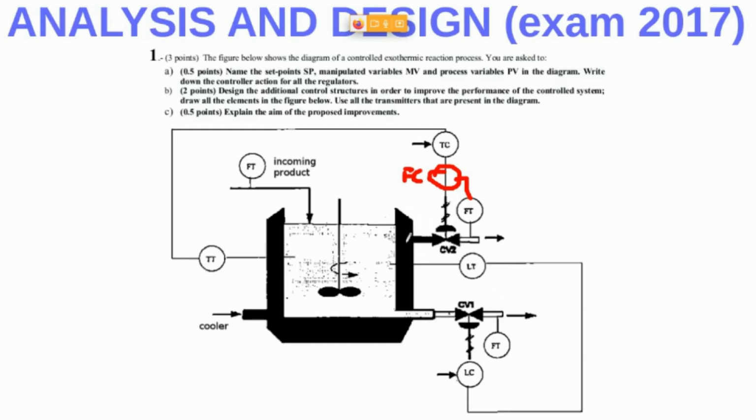Here we have the jacket, the cooling jacket. Can you see here? The cooler enters in here and then it goes out this way. Here comes in the product, right? Here the reaction is produced and then the product flows out from the tank this way, right? So here we have the cooler and here we have the outgoing product, right? So it's very important to make the difference, right?